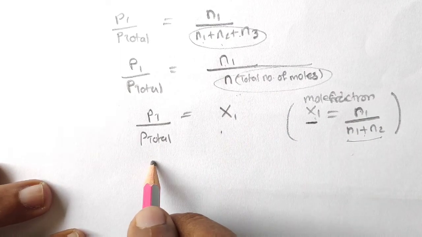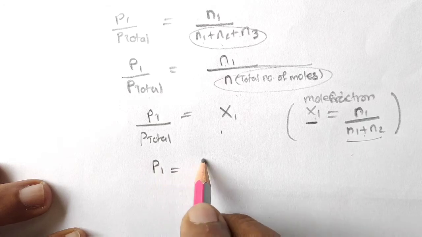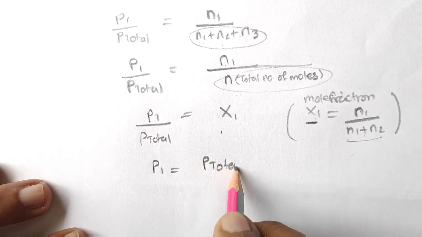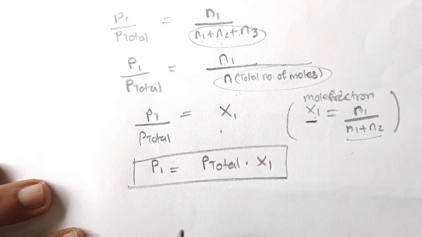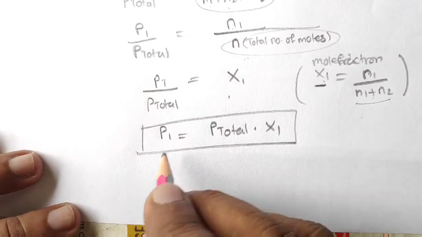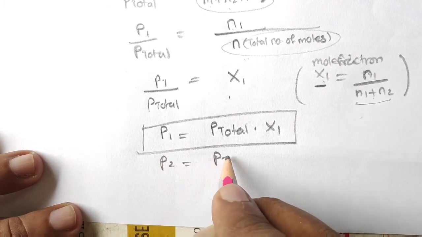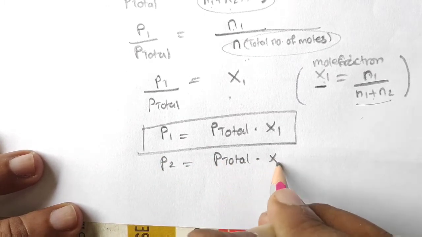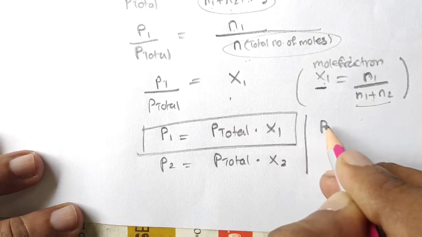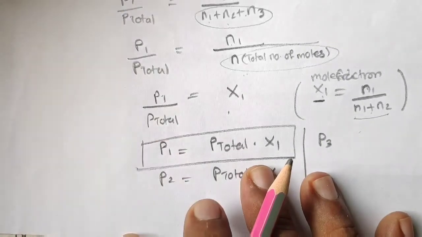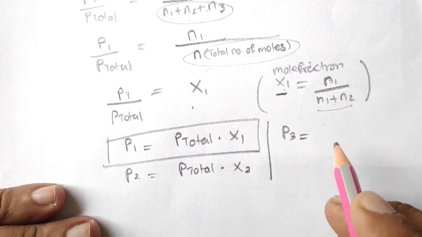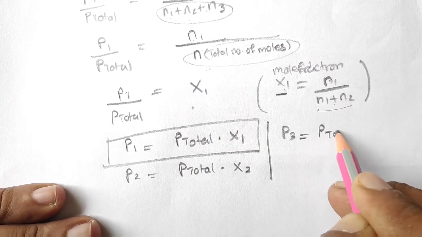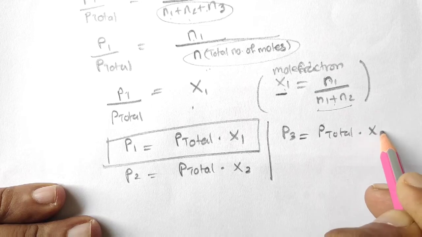So from this we can get a formula. P1 is equal to what? P total into X1. This is the formula you can remember for further calculation. Similarly, P2 is equal to P total into X2, and P3 is equal to P total into X3.